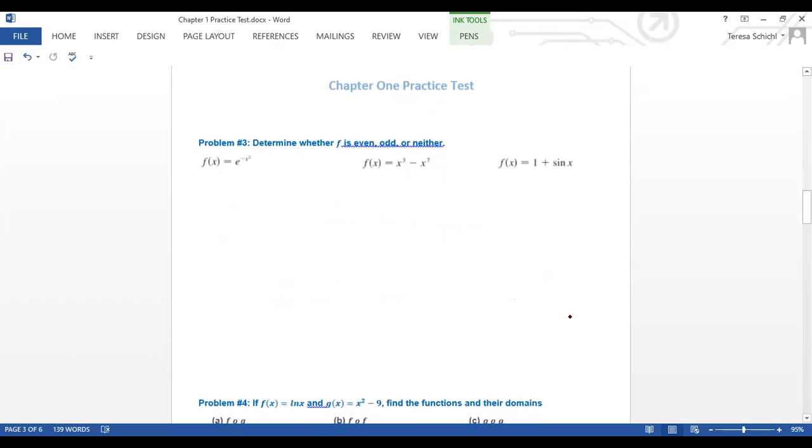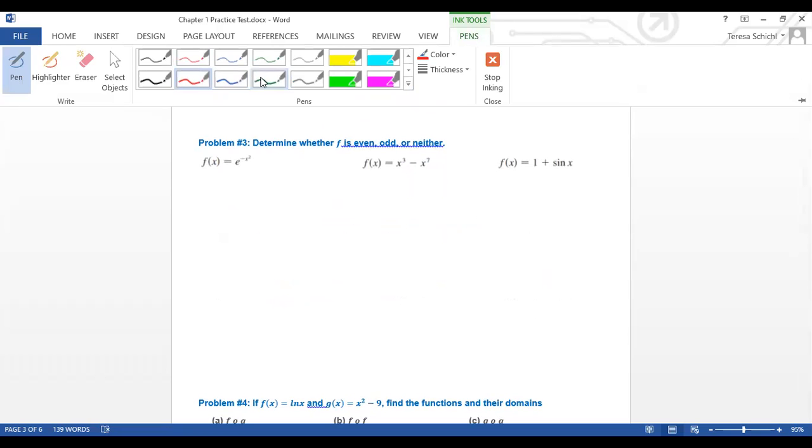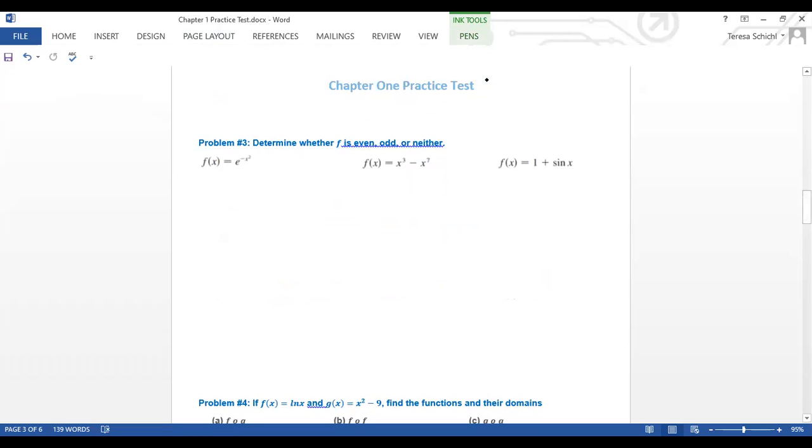Okay, so now the next topic. If you still remember, how do we define even functions and how do we define odd functions? Let's do a brief review. The even function means if you replace all your x with negative x, this will be equal to f of x.